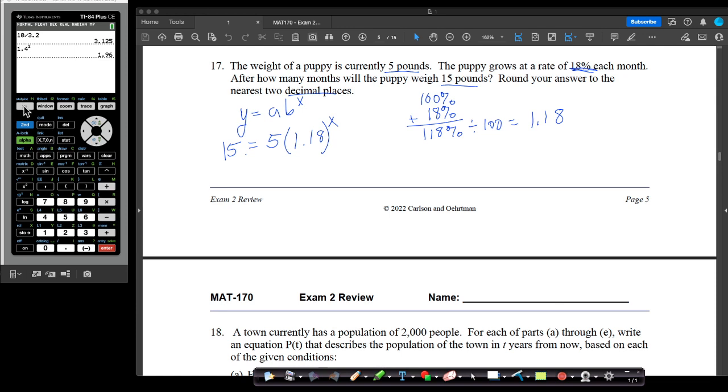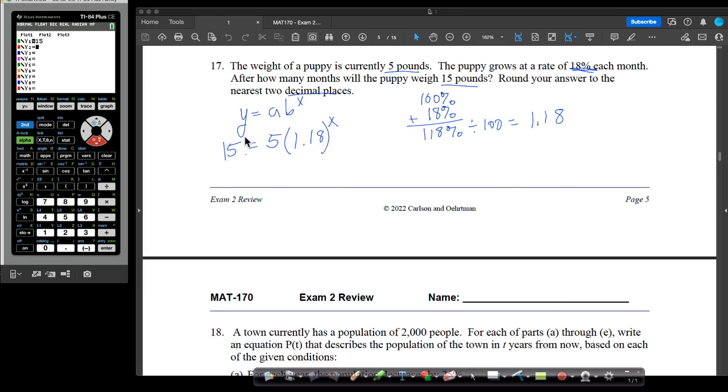So we're going to go to y equals. We're going to clear out our previous, and we'll put in y1, the left side, so let's just make that 15, y equals 15. Remember, that's going to be a horizontal line at 15.